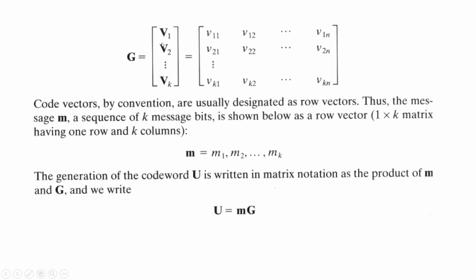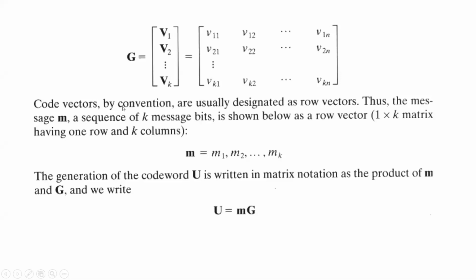So this is the formation of the generating matrix. Now, how many rows will be there in the generating matrix? There will be k rows. How many elements will be there in one row? There will be n elements in each row.